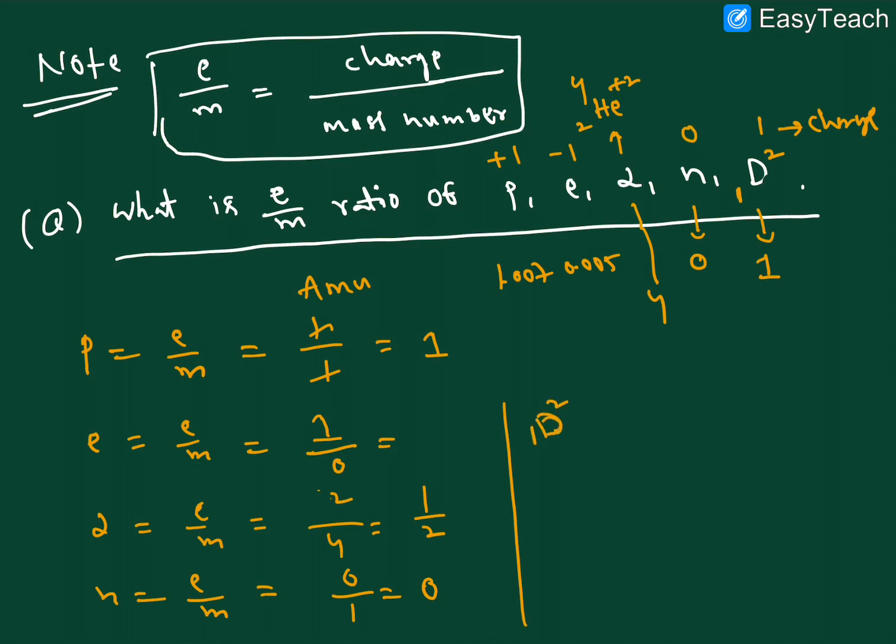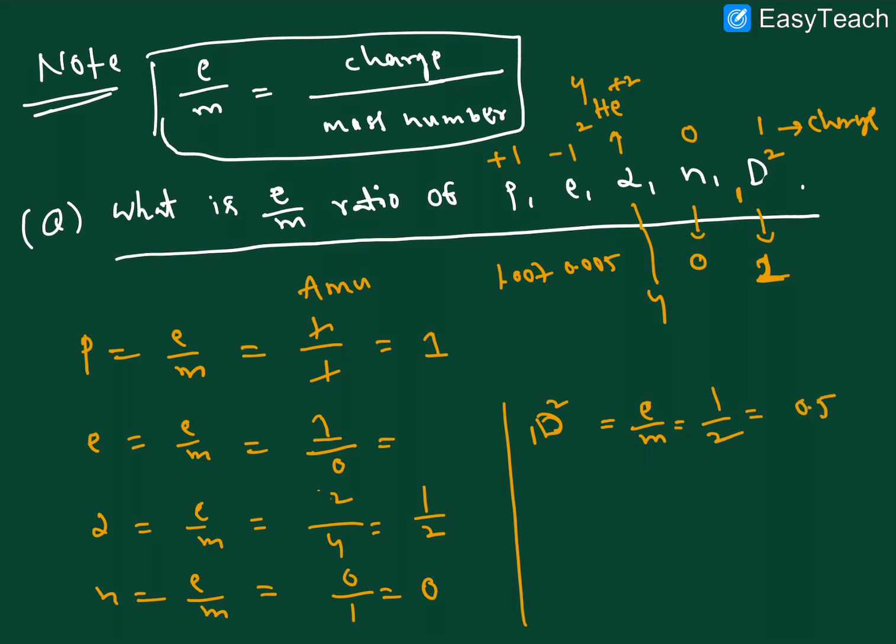And next, deuterium, D2. The E by M ratio is charge 1 and mass 2.